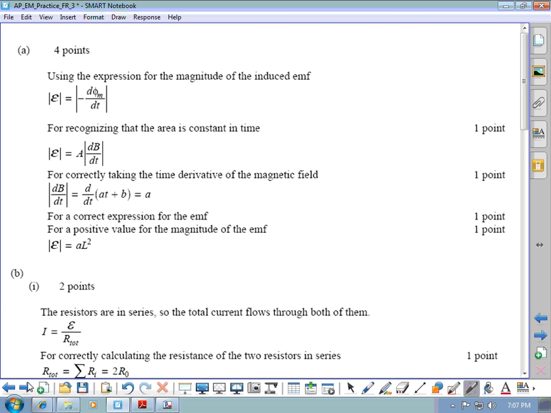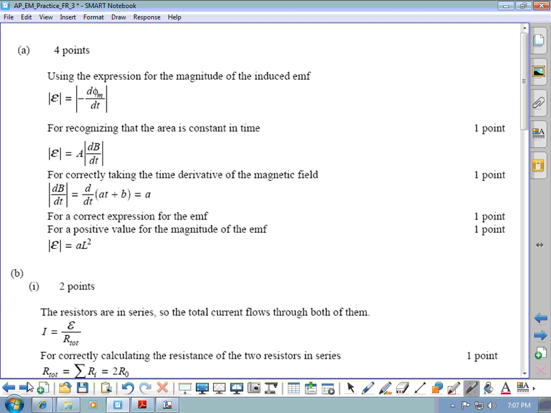And then it was 1 point for actually correctly taking the derivative of the magnetic field. The derivative of that magnetic field, the derivative of AT plus B, was just A. Again, it looks like a faint plus mark on the screen. It's definitely much brighter when I look at the computer, but on the projector it was fairly faint. And so it doesn't matter.